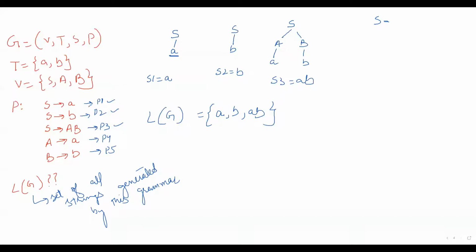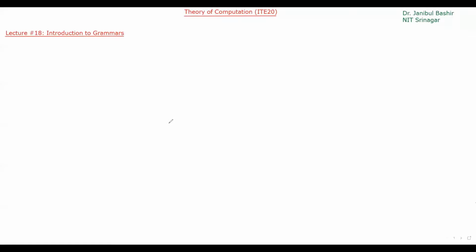Okay, now let me give some more examples. Let me rub this and let me give some more examples, then we will move forward. So let me write another example here. So let's say G is a grammar. Again, it has 4 parts: V, T, S, P, where V is equal to, let's say, A and S, T is a comma b, and S is a start symbol, and production rules are following.